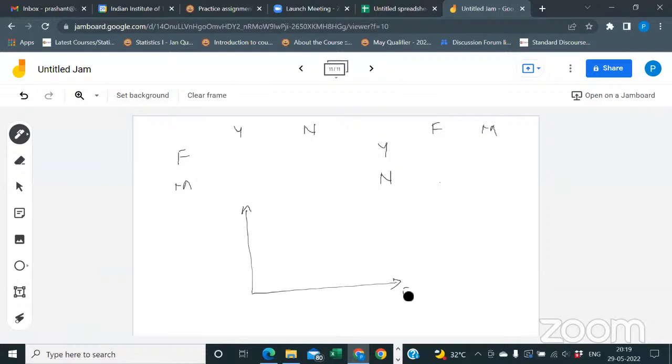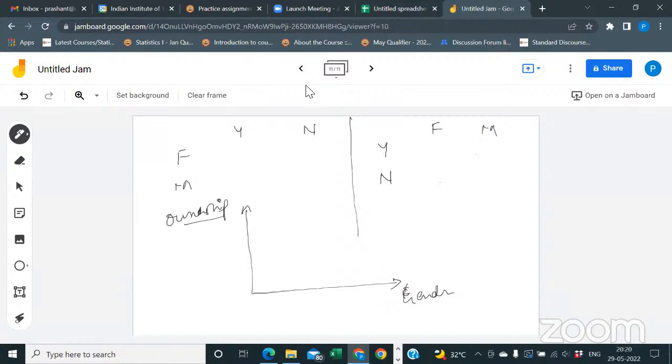Suppose there is gender and there is ownership. Then according to ownership of phone, gender. Both are categorical data, so you can do both. Both are correct.